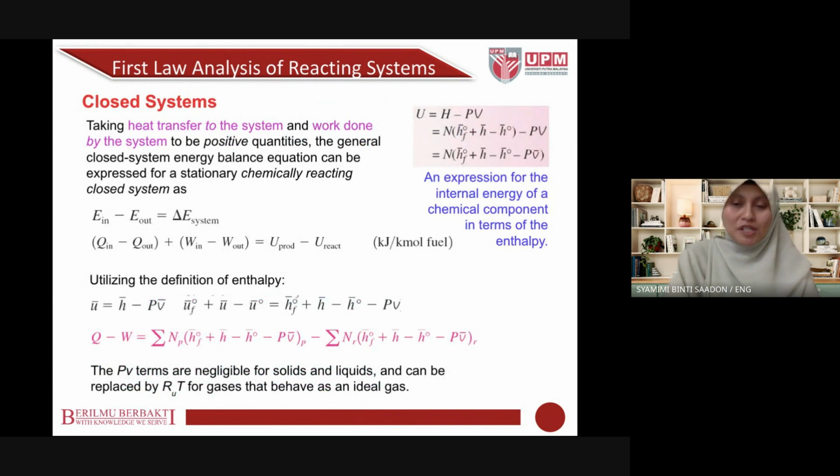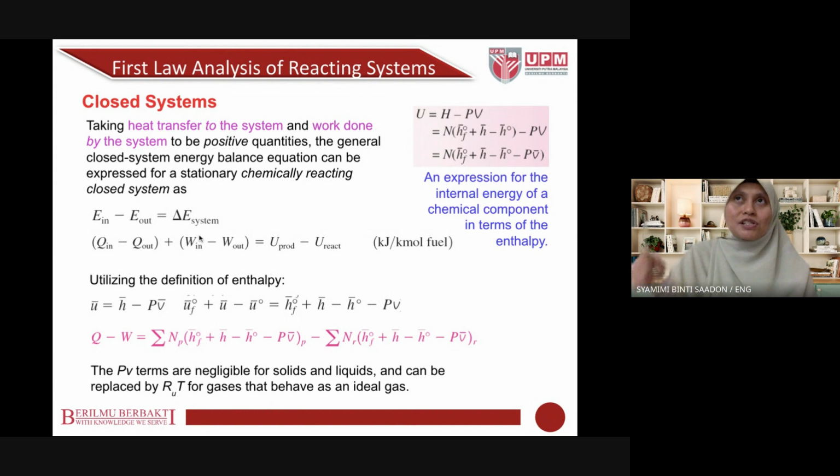So for a closed system, the change of energy in the system is equal to the energy input minus output. For example, you have the combustion device, the heat exchanger. If you just focus on the combustion chamber, that is your system.